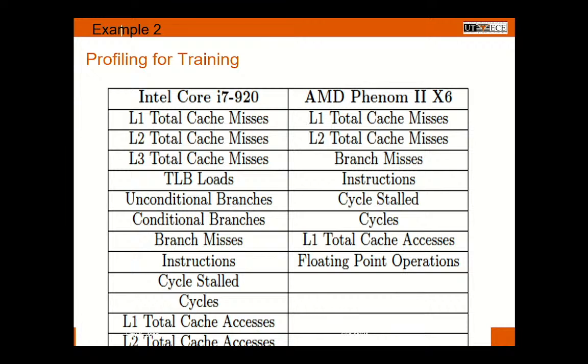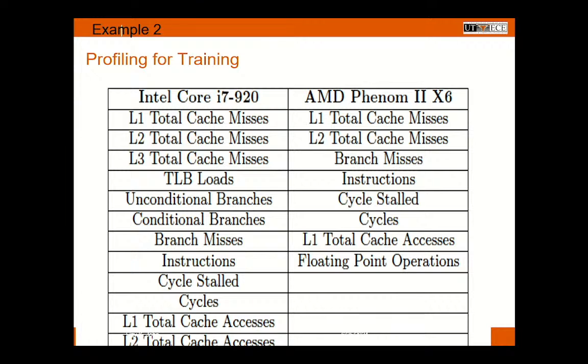Similarly, we also trained on AMD and estimated performance on ARM. So in both cases, the estimate was on ARM, and the training was either on Intel or AMD. Both don't have exactly the same kind of performance counters.